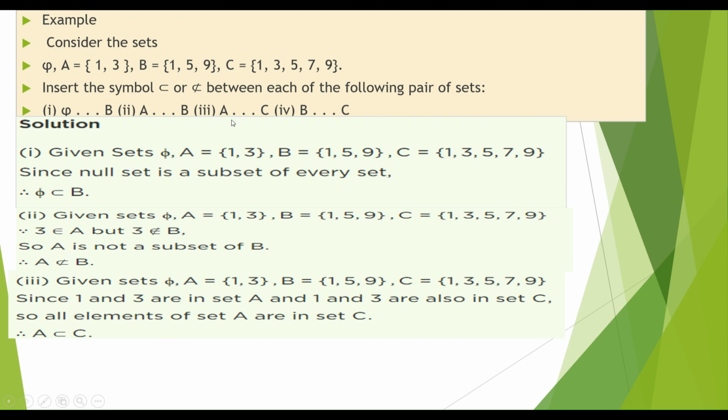The next one, we have to compare A and C. A is equal to {1, 3}, and C is {1, 3, 5, 7, 9}.